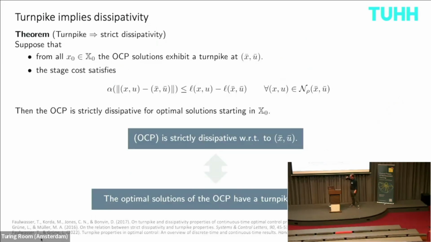Lars and Matthias, who did similar analysis in discrete time, have very different proof techniques, but they also find that this is effectively similar. So if you want to know if your optimal control problem has a turnpike or is dissipative, I would say compute open loop optimal trajectories for different initial conditions, different horizon lengths, and plot them. Look at them, and then you can analyze that. That would be the first way.